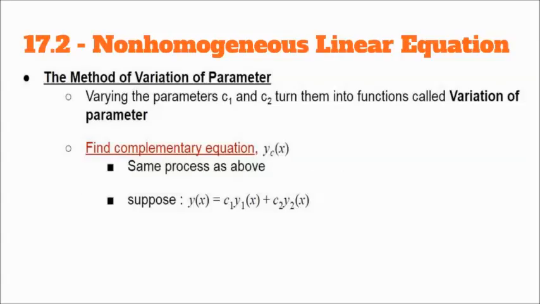Now, the second method is the method of variation of parameters. Suppose we already solved the homogeneous equation, and we write the solution as y of x equal to c1 y1 of x plus c2 y2 of x, where y1 and y2 are linearly independent solutions.